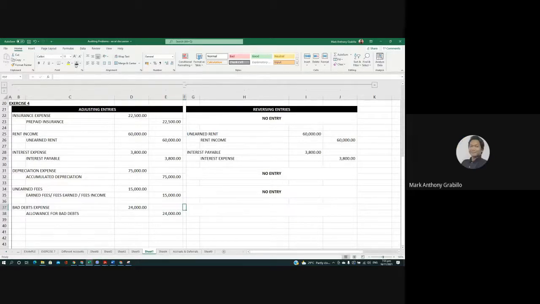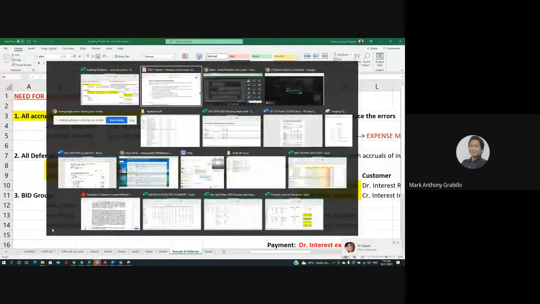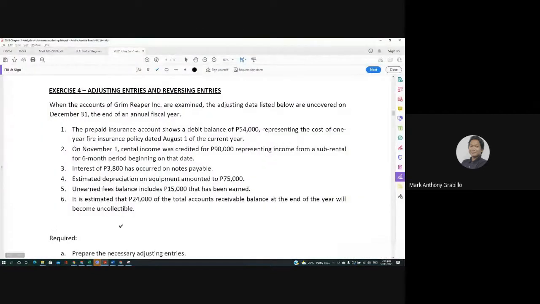And then, need for reversing entry ba? Wala po. Alright, so no entry. So ano lang yung mga nire-reverse natin based on our class discussion? All accruals and then under deferrals kapag naka-expense method saka income method.